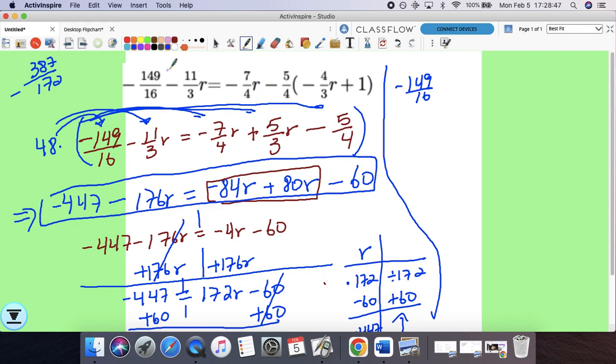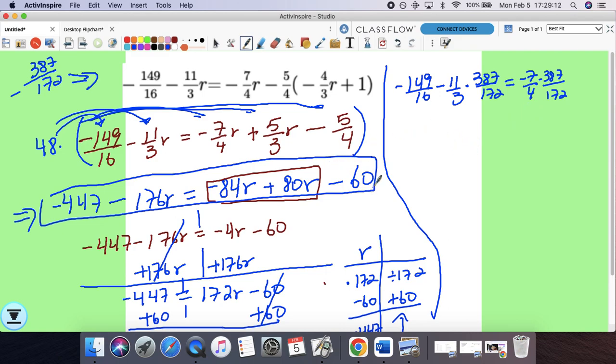So it's always best to substitute in the original one. Therefore, we don't have to worry about any mistakes. So negative 11 over 3 times 387 over 172 equals negative 7 over 4, and you will have a calculator, times negative 387 over 172.